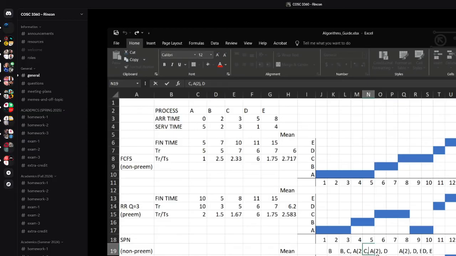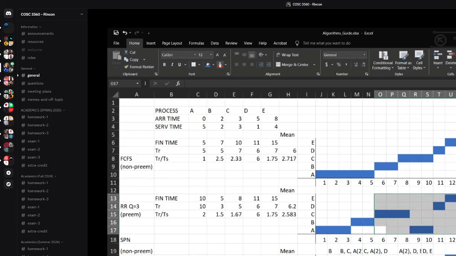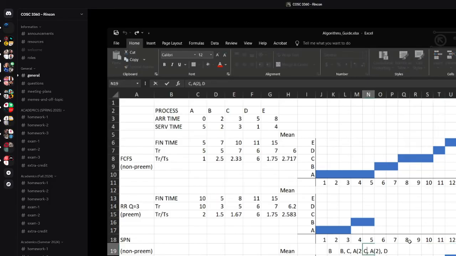Did I do this wrong? C arrives at time 3, which is correct. And then you're actually, oh, you're so right. I'm so sorry about this. Whoops, I made a mistake here. I'm actually gonna get rid of this. Okay, let me get rid of that. We're gonna go back to this round robin question. Definitely gonna put this in the editing for sure.